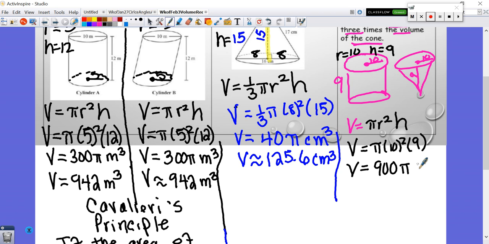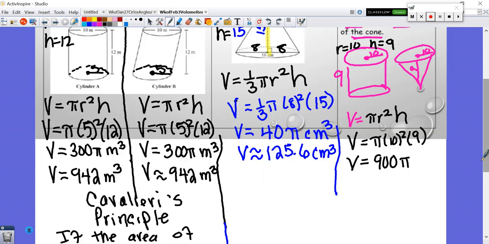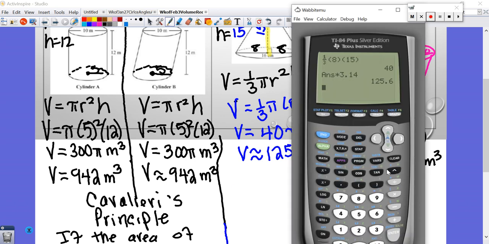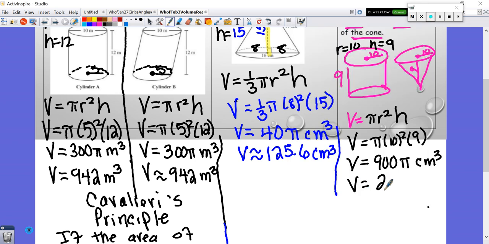And the units here is centimeters cubed. And you're going to go 900 times 3.14. 2,826 would be the approximate answer, centimeters cubed. So there's your volume. So that's the volume of the cylinder.